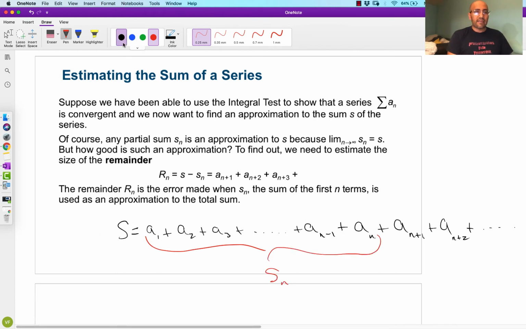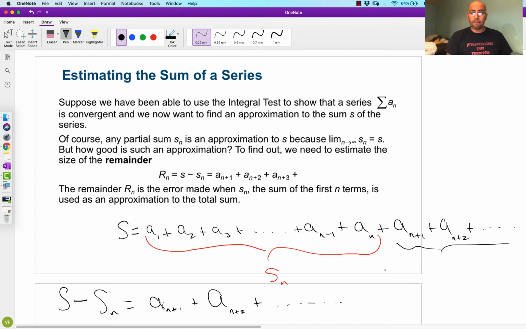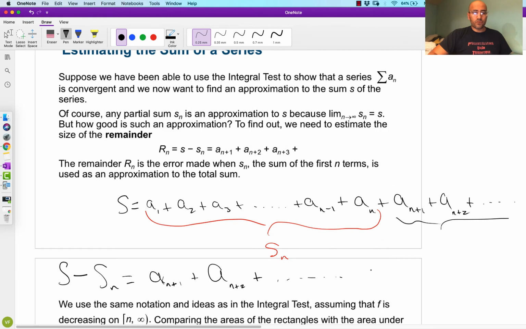So if we take s minus s sub n, we subtract those off to the other side of the equal sign, and we'll be left with a sub n plus 1 plus a sub n plus 2 plus ... And that's what we call the remainder, r sub n.